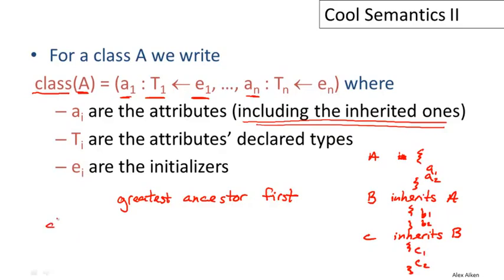Then class of C will list the attributes in the following order. First will come A1 and then A2, because A is the greatest ancestor.